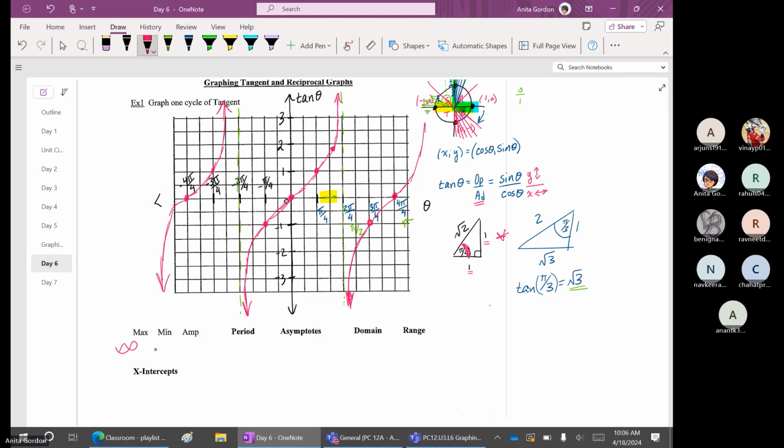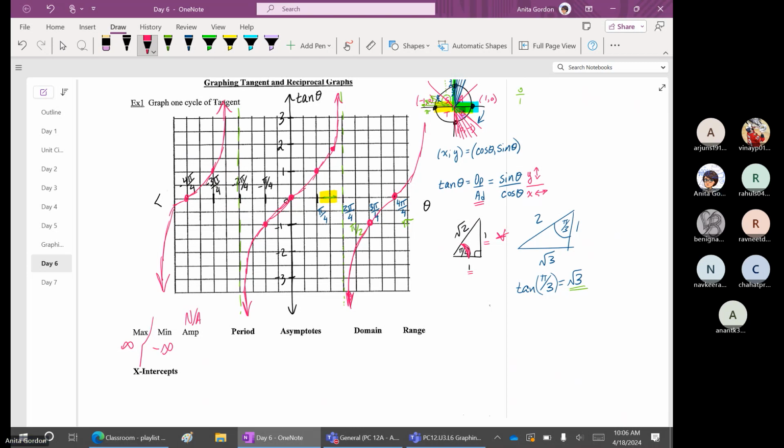Same, no. Do I have an amplitude? Do I have a wave? No, I don't. So no amplitude. I don't have a wave that's oscillating. I have a curve.